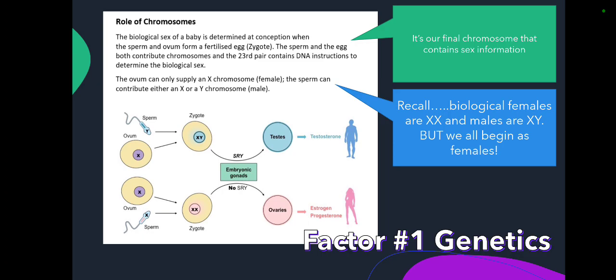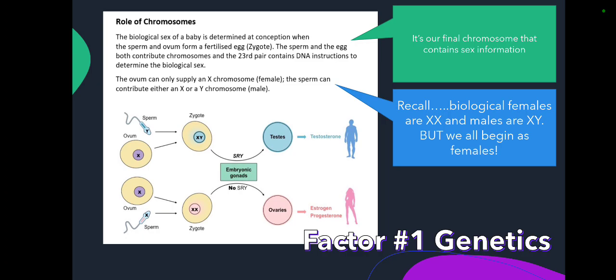If a child has inherited the X chromosome from the mother, and then inherited another X chromosome from their father, from the sperm, that would produce a biological female. If, however, they've inherited the X chromosome from their mother, because that's all they can get from their mother, but the sperm has contributed a Y chromosome, then that child will go on to become a biological male.